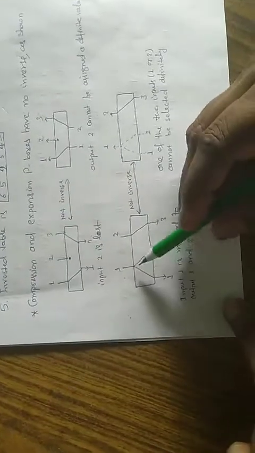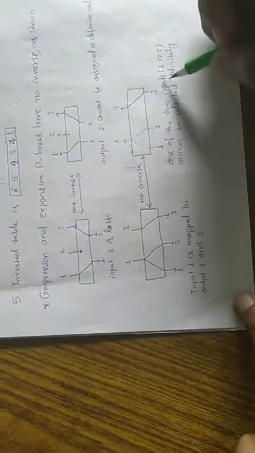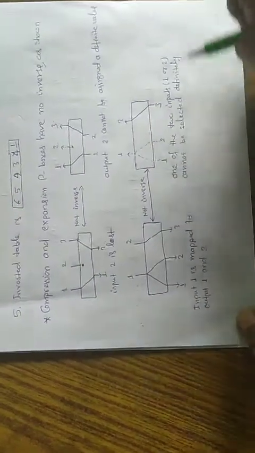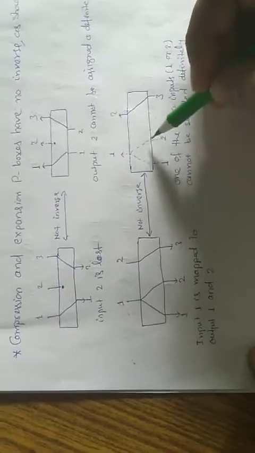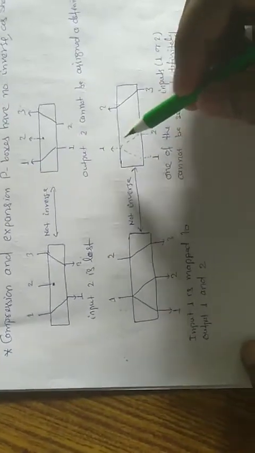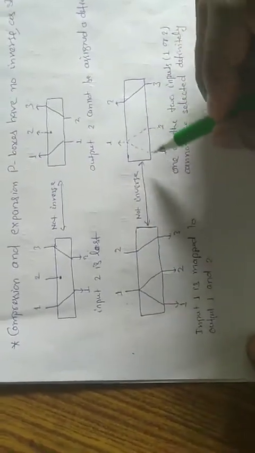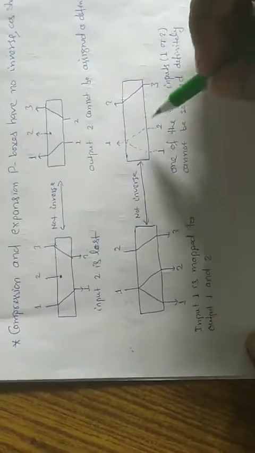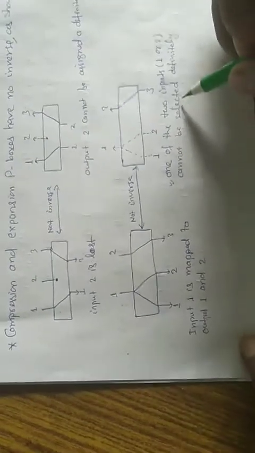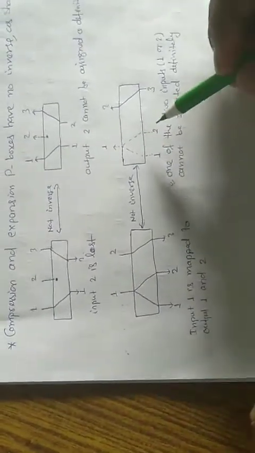One of the 2 inputs, 1 or 2, cannot be selected definitely. That's why this is also not invertible.